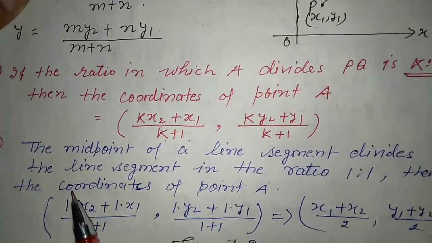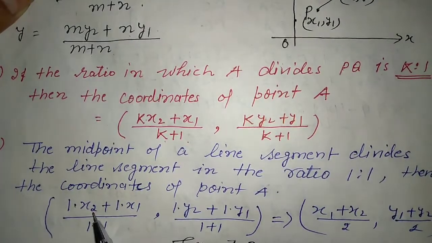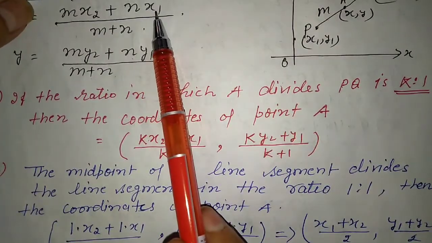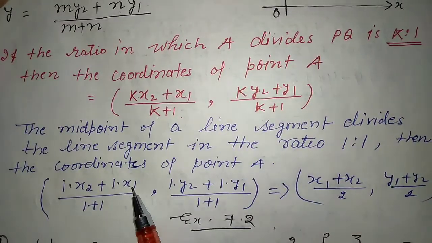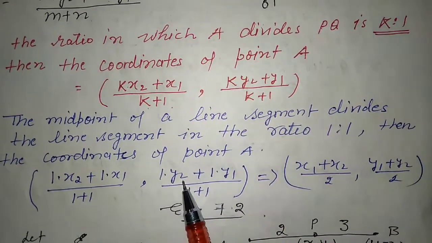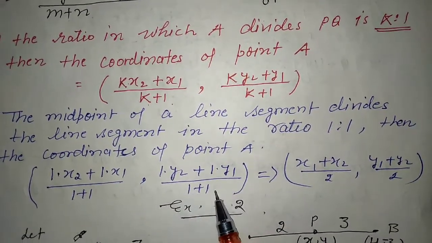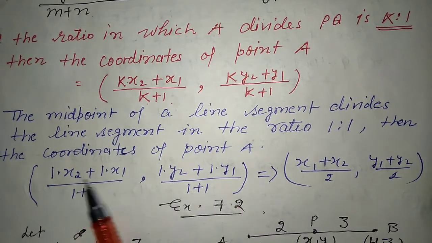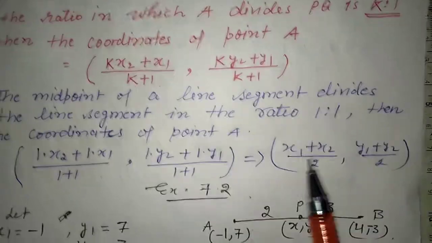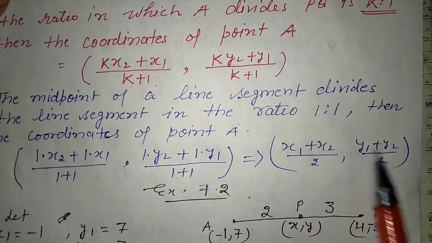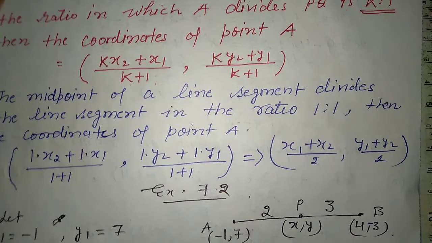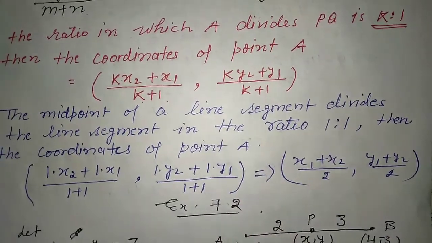So it becomes 1 x2 plus 1 x1 upon 1 plus 1, and similarly 1 y2 plus 1 y1 upon 1 plus 1. So it becomes (x2 plus x1) upon 2, (y2 plus y1) upon 2, or we can write (x1 plus x2) upon 2 and (y1 plus y2) upon 2. This we can use directly. So the formula is like this.